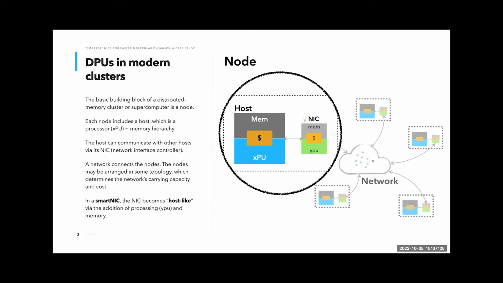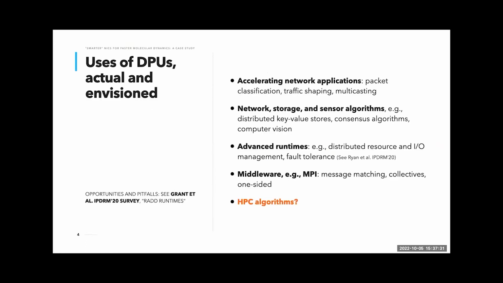There are many ideas that have been developed or proposed. These include accelerating network applications like packet processing and traffic shaping, improving network storage and sensor algorithms, for example, distributed key-value stores, optimizing runtime systems for everything from resource management to fault tolerance support.